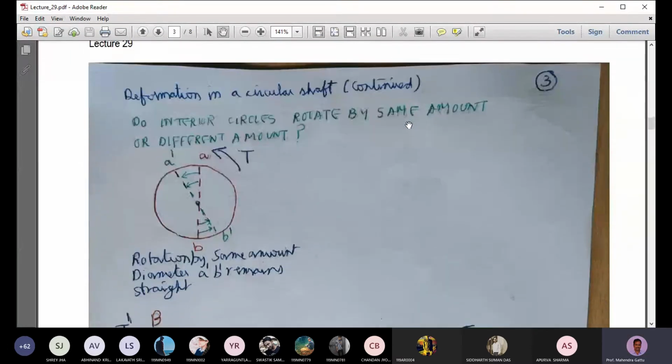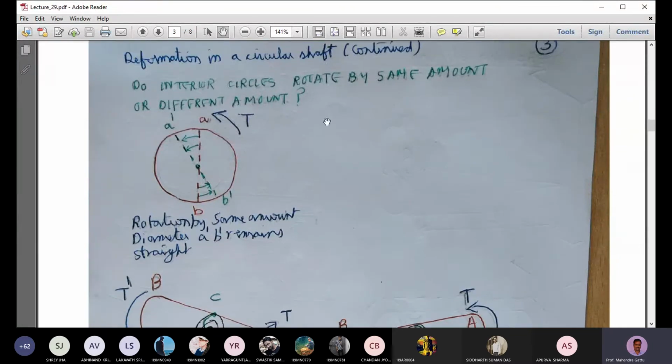Now, one more question we can ask. There is this outer circumferential circle, and there are some inner circles. So do they rotate by the same amount, or do they rotate by different amounts? That is another question we want to answer. Here, let's say AB is the diameter of the circle. Under the action of the torsion, the points are rotating.